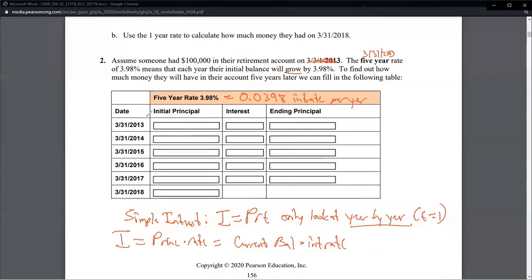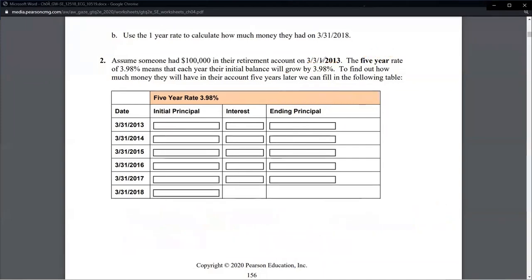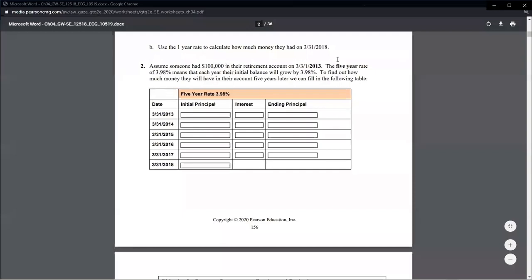So we just take the principal, or the current balance, excuse me, the $100,000 times the 0.0398 to find the interest. This is why I don't like writing on this thing usually, but I tried and I failed.